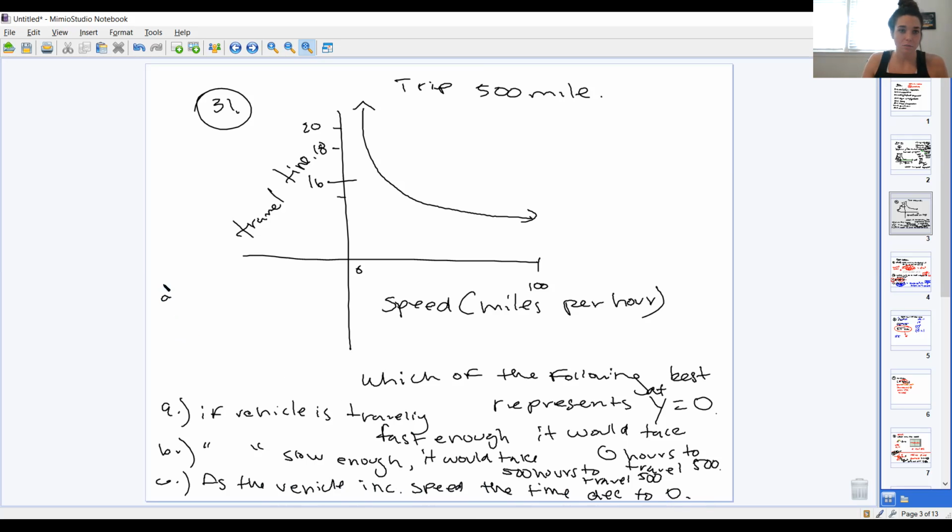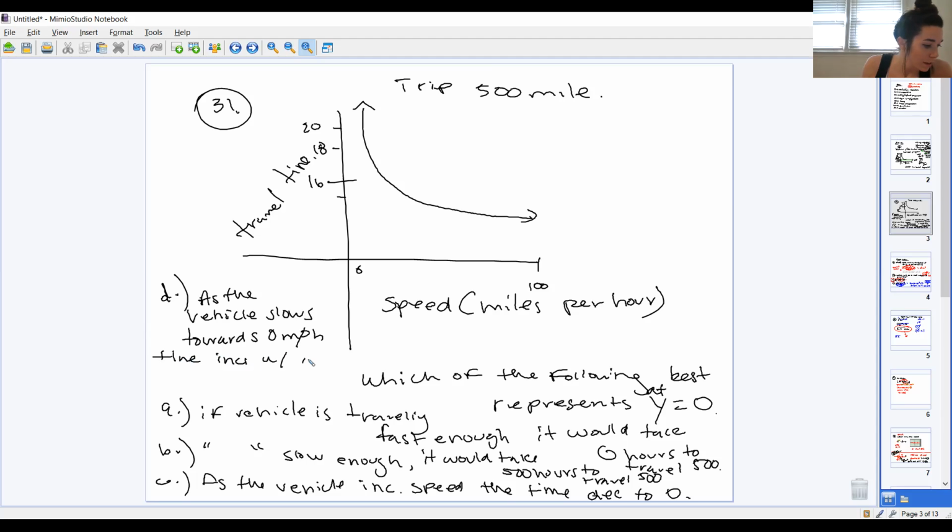Or D, sorry, it's a little sloppy, as the vehicle slows towards 0 miles per hour, time increases without bound. So it just goes on forever. So take a moment, read those over. All right. Send me what you think it is individually.